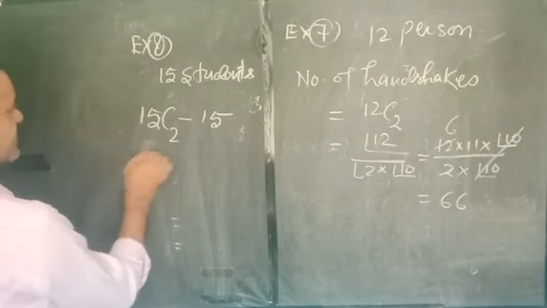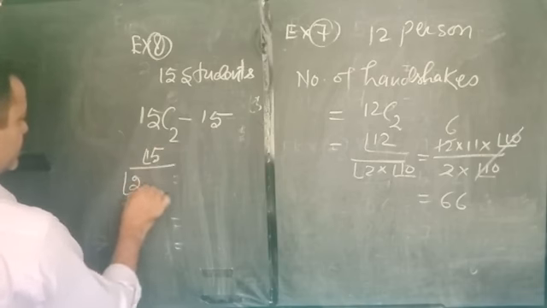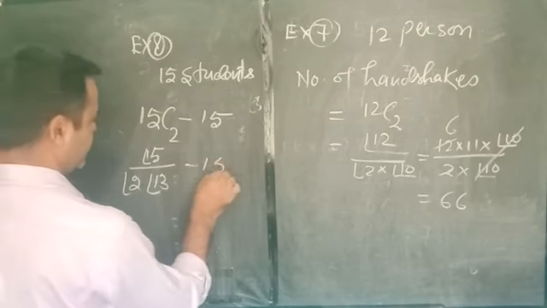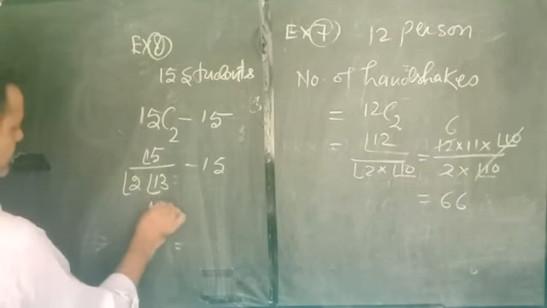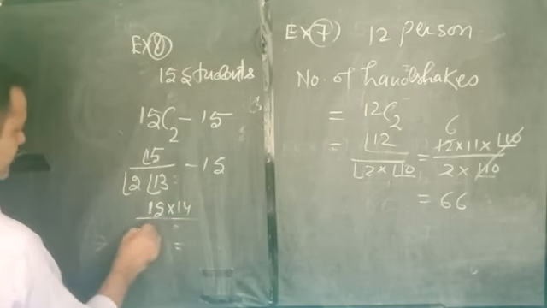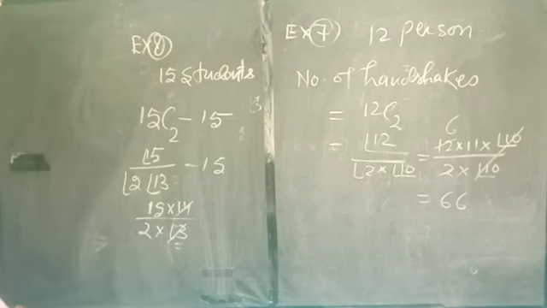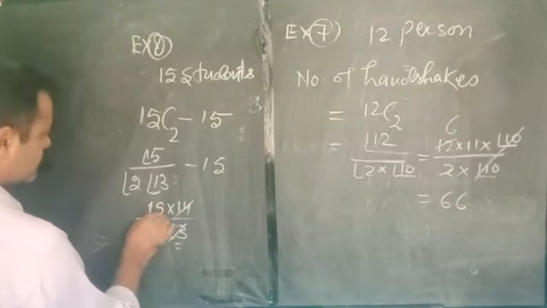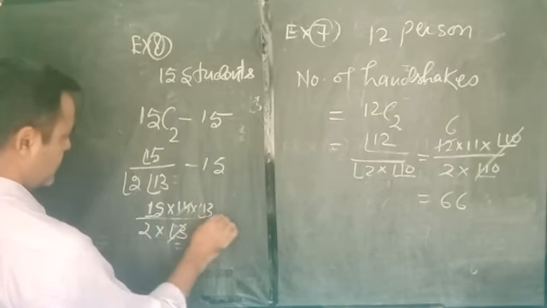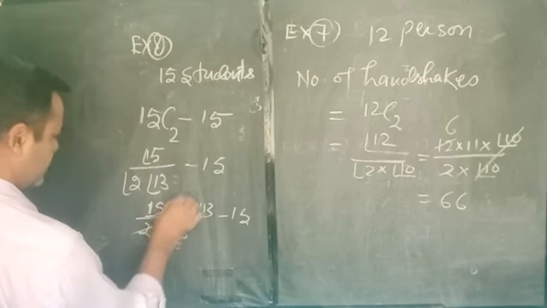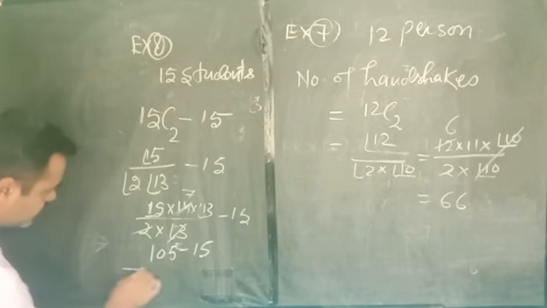Then 15C2 can be calculated: factorial 15 upon factorial 2 into factorial 13, which is 15 into 14 upon 2. This is equal to 105 minus 15, which equals 90.